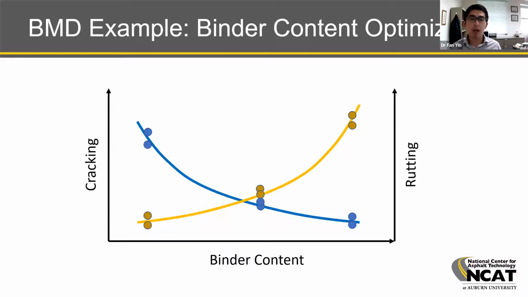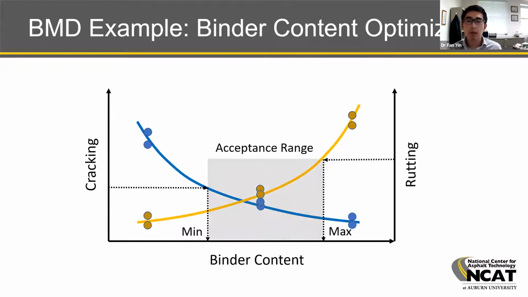So it's a balance between rutting and cracking. Then we need to look at the performance test criteria to decide what is a good number that we can accept for a given project. Based on that, there's a minimum criterion and a maximum criterion, and then there's a range in the middle that can satisfy both rutting and cracking.